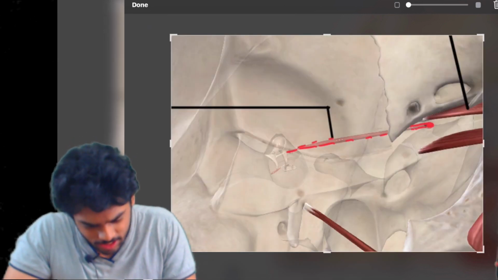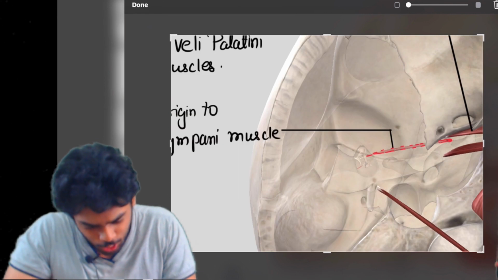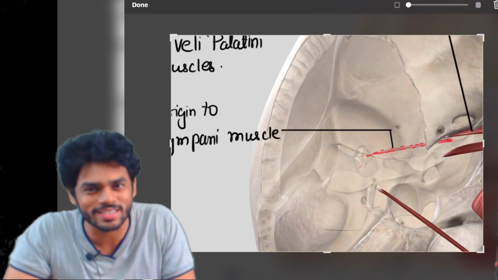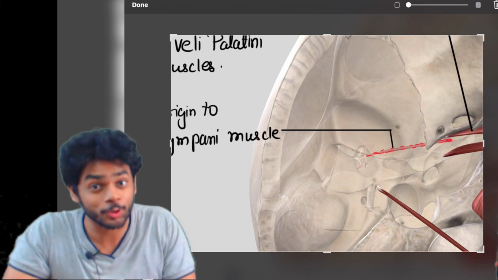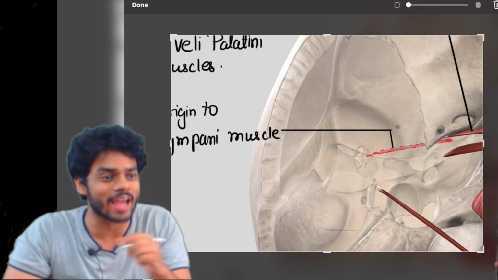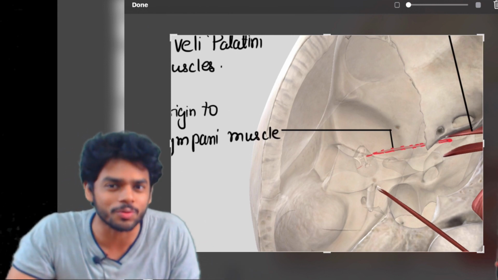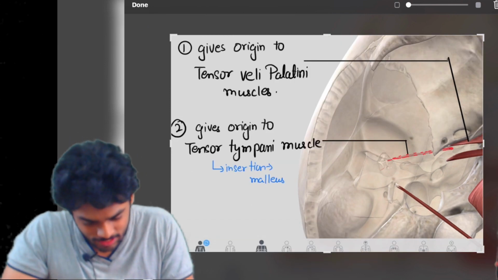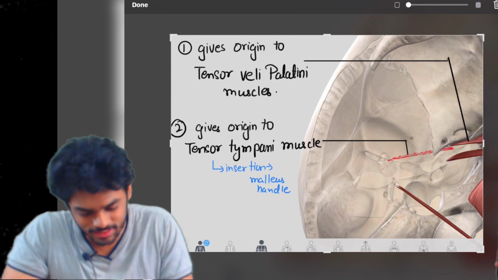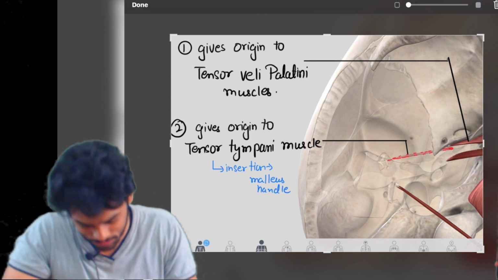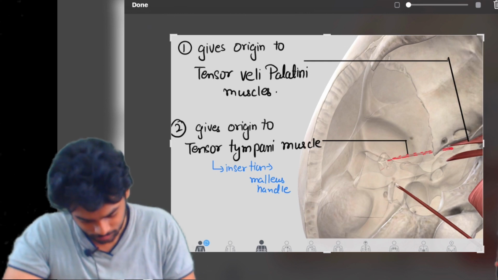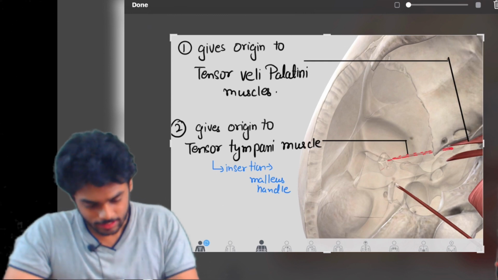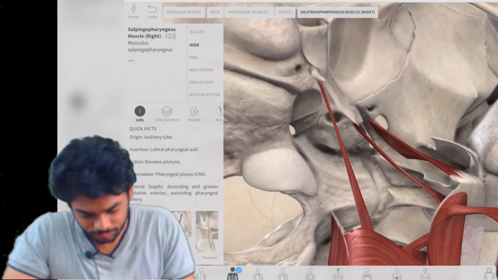I have made this dotted because it is present inside the bone, and you cannot see it directly from the inferior view. Insertion is malleus, and the origin is just the anterior part of spine of sphenoid. Am I clear? Yes, I think I am clear.